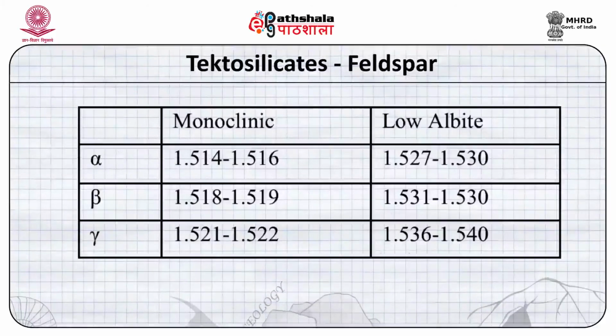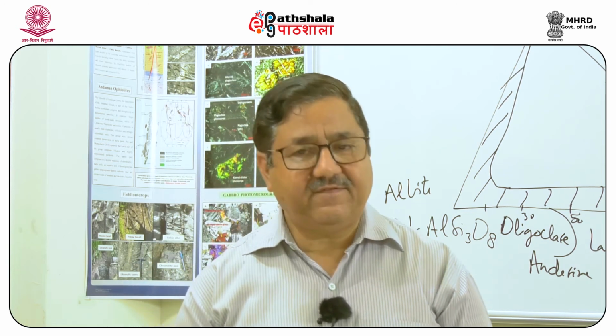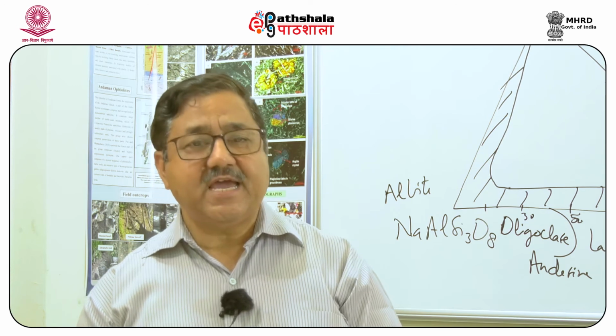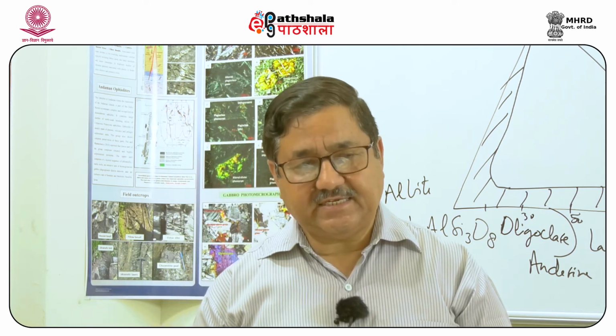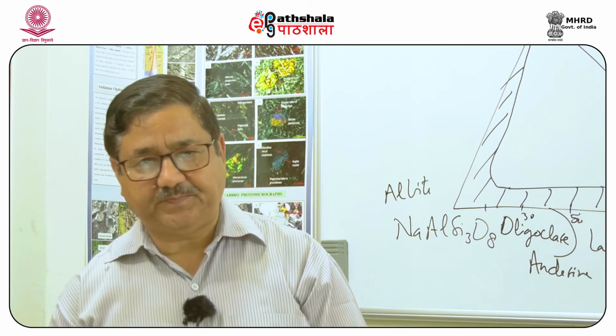For beta in monoclinic orthoclase is 1.518 to 1.519 and gamma is 1.521 to 1.522. So, these are the types of alkali feldspars which are present. Their solid solutions in each series are different and that is reflected in their crystallographic parameters also.